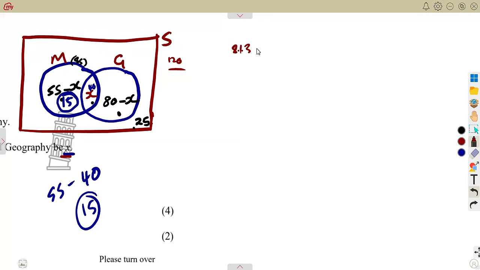So 2.13 A, the probability for maths only, in this case was going to be the section represented by 55 minus x, which is 15. There are 15 of them out of the total, which is 120. You can have this as a percentage. You can have it as a decimal, but let's check the instruction.